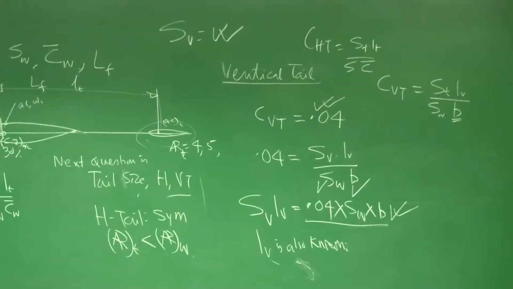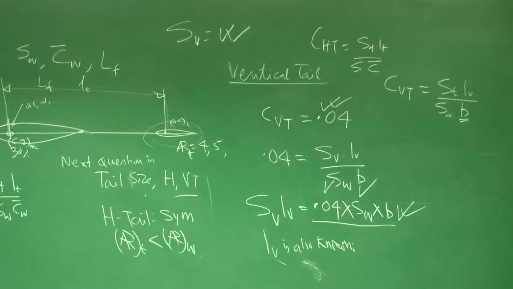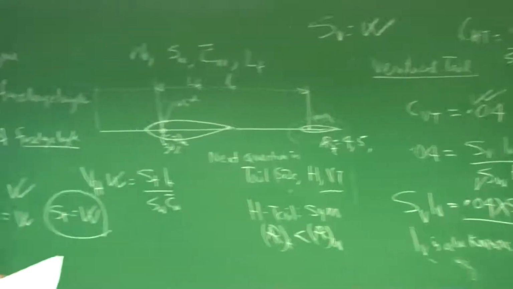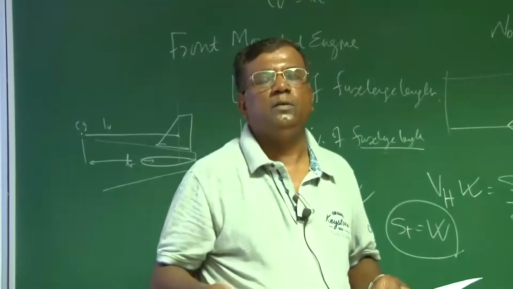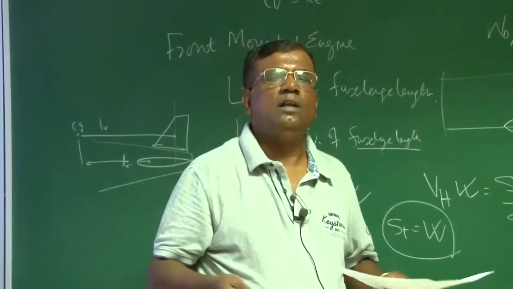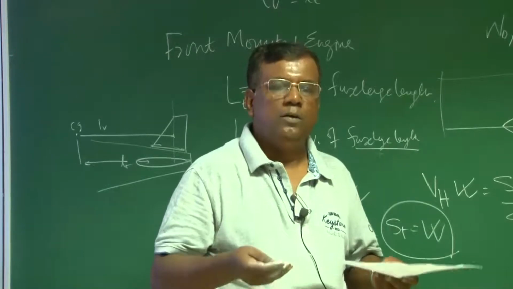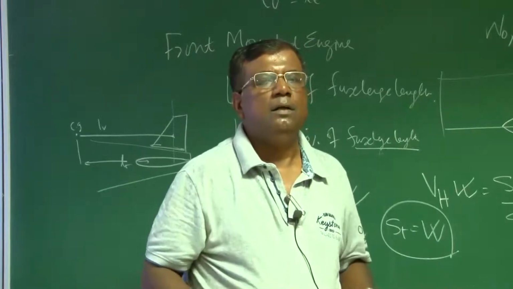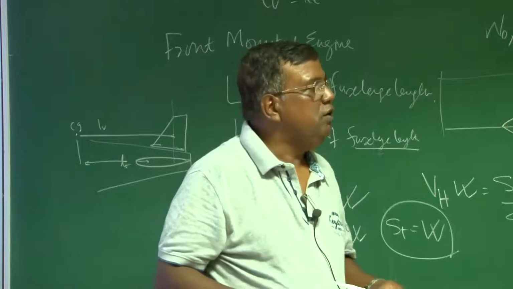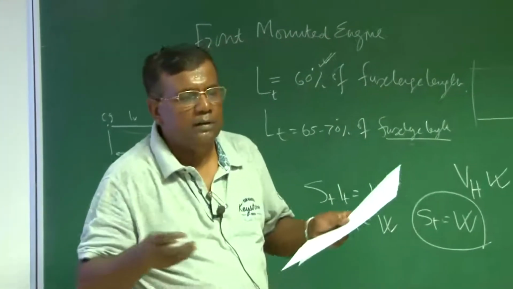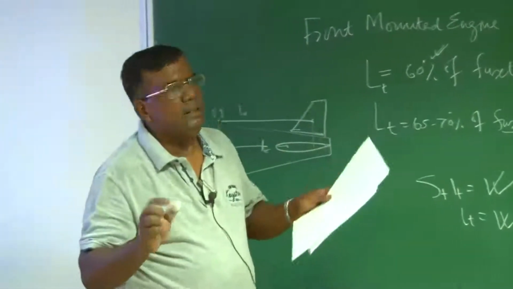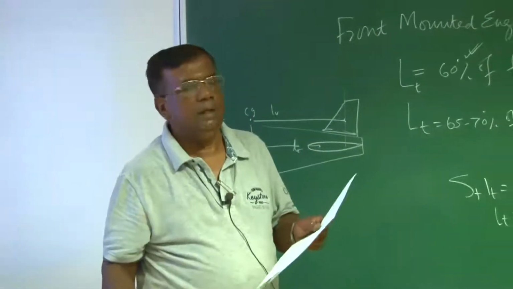Once I get this number, then we cross check for a given airplane what is the vertical tail area ratio with respect to the wing area. That is, what is the ratio of vertical tail to wing area, what is the ratio of horizontal tail to wing area, and I must see that for this type of airplane whether this ratio is coming closer or not. Okay?